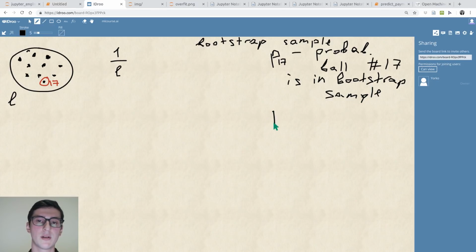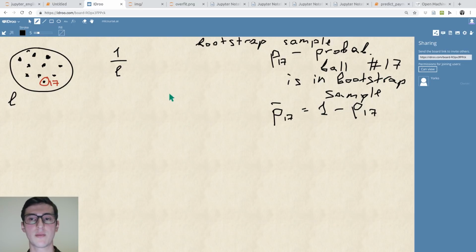I'm interested in 1 minus P17, the probability that ball number 17 is outside of this bootstrap sample.